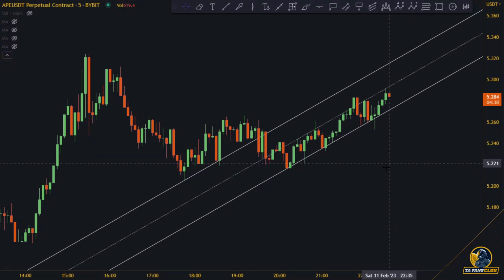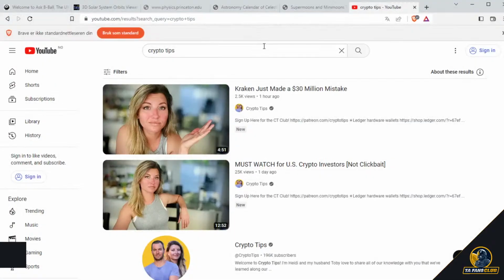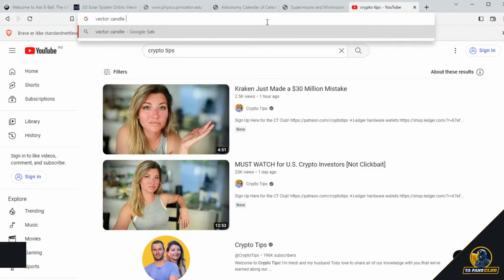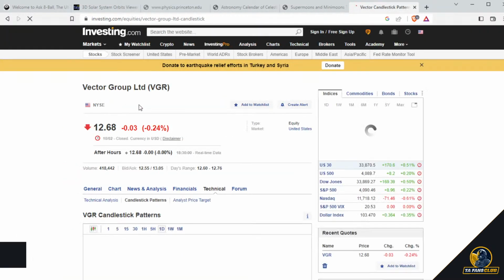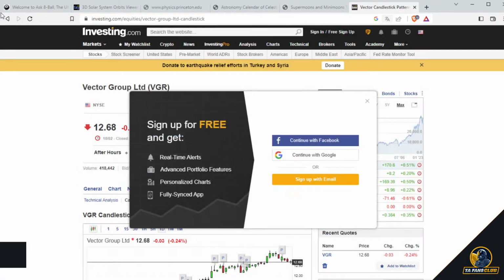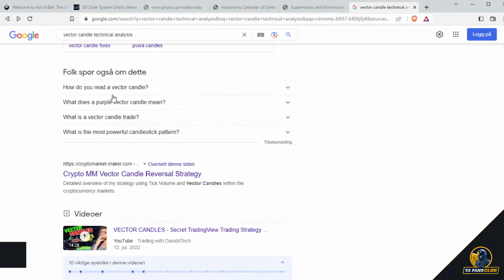On the left side, a vector candle. What's a vector candle? Not what I was looking for.